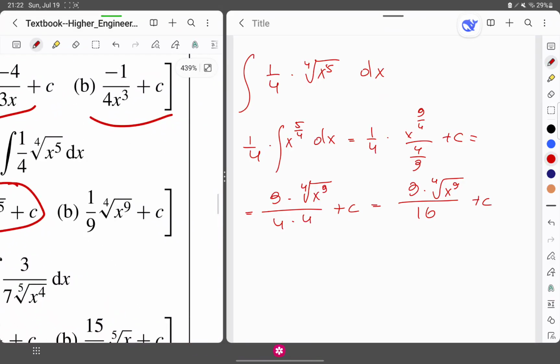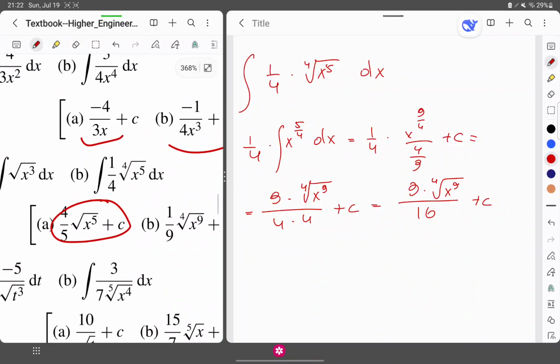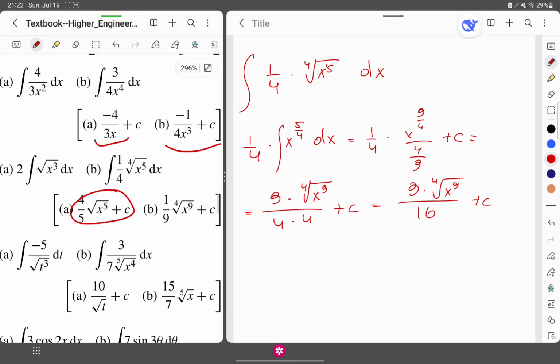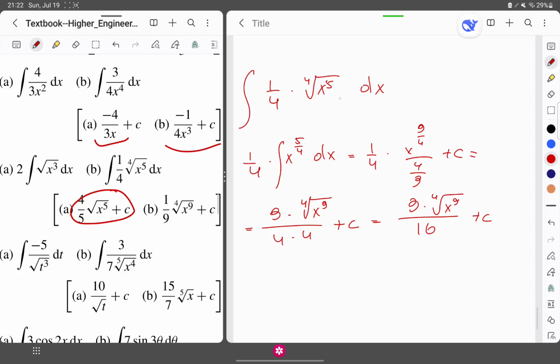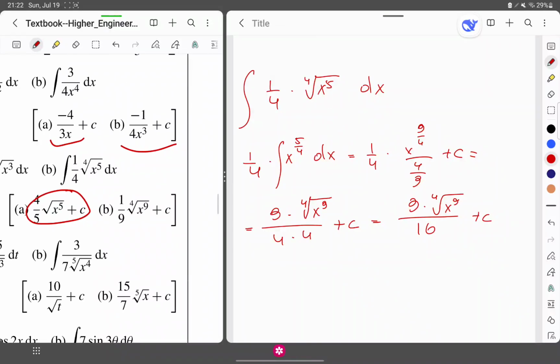Is that true? I don't know if it's true or not. Let's check it. 1 over 4, what's the next one? 1 over 9. Okay, it's right. No, it's not right. I made a mistake here. In this part, it will be what?